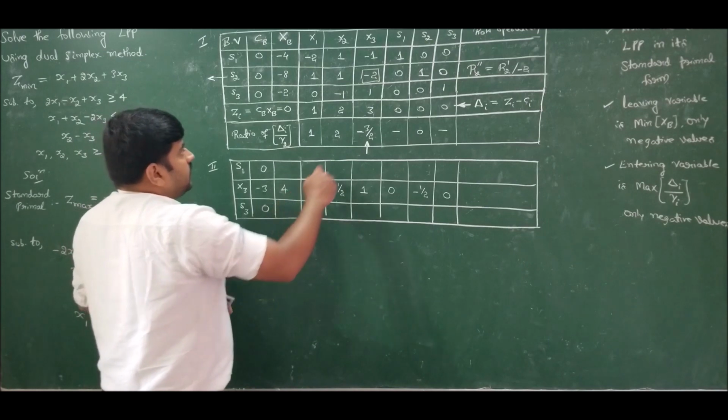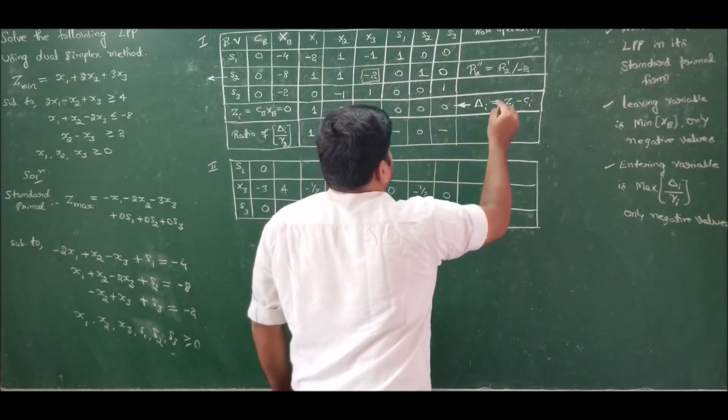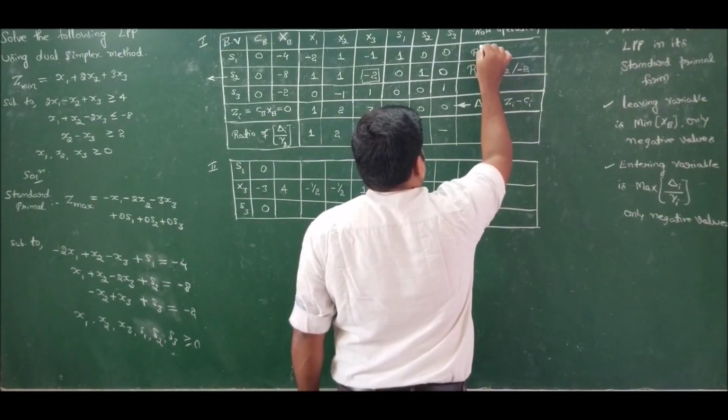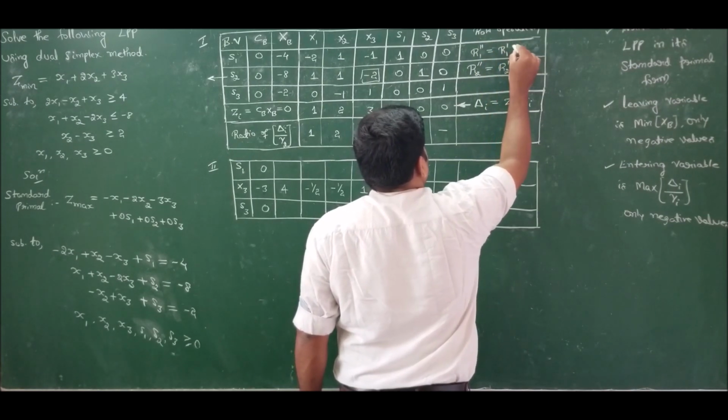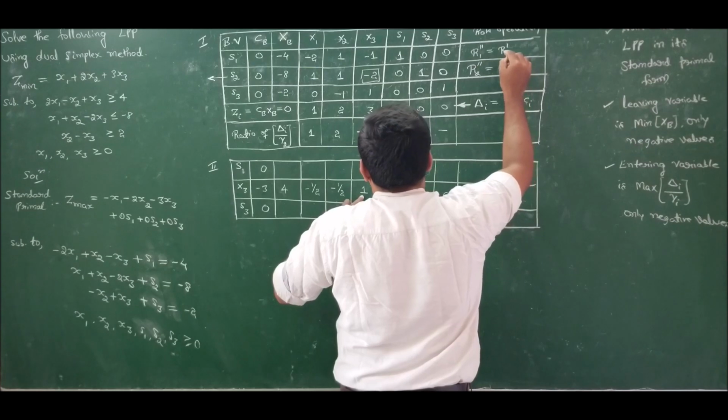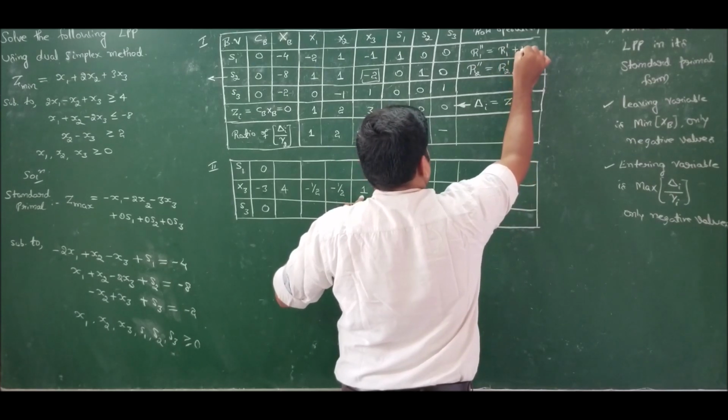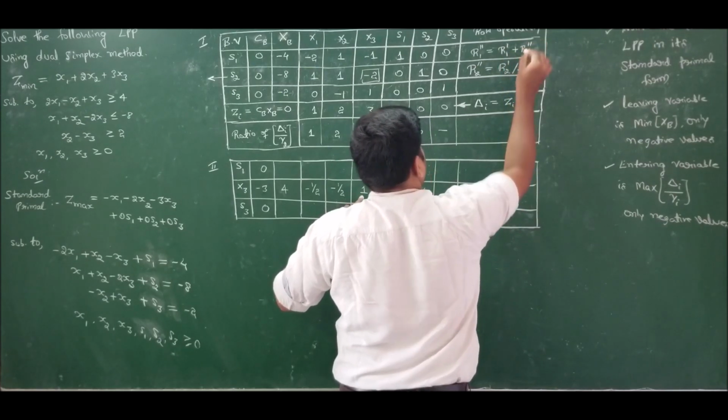Now I should make this as 0. So therefore R1 of step 2 is equal to R1 of step 1. So we have plus 1, so just you add plus R2 of step 2.